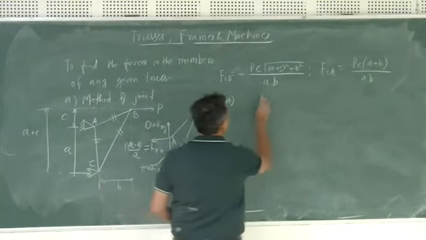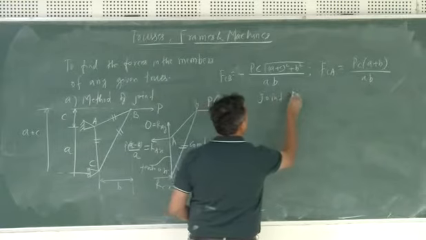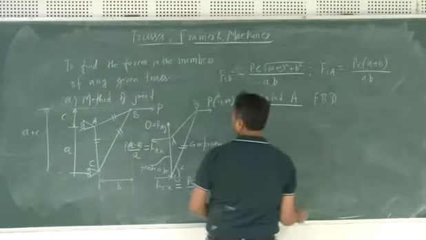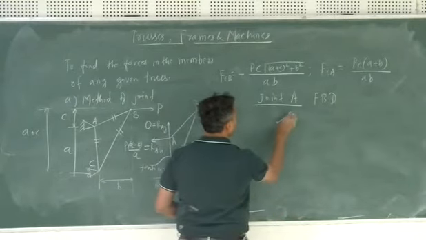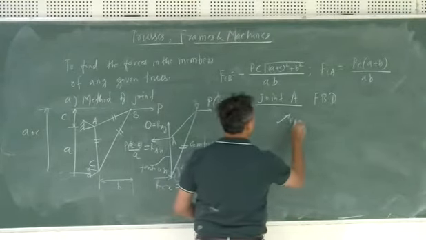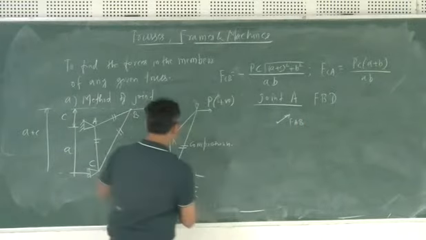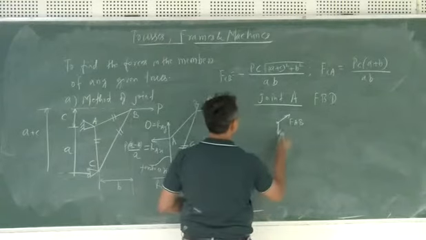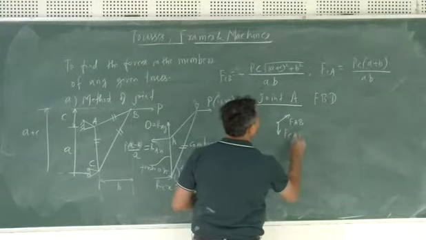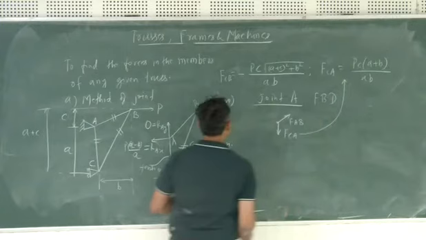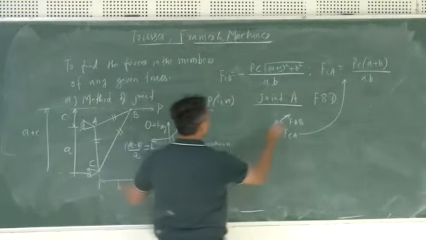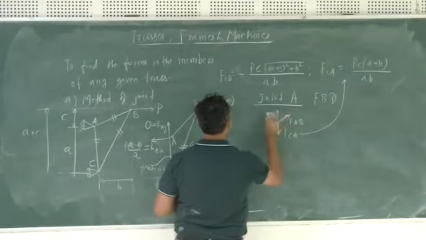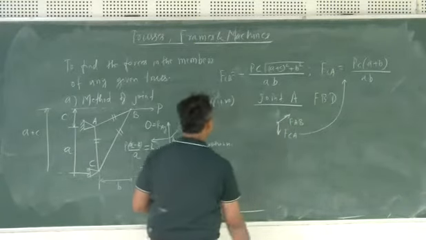Now our forces at joint A. So the FBD over here will have, let's say, the force here which is FAB, right? Since this one is under tension, here the force will be in this direction. This is one, and this force is 0. RAY was 0.